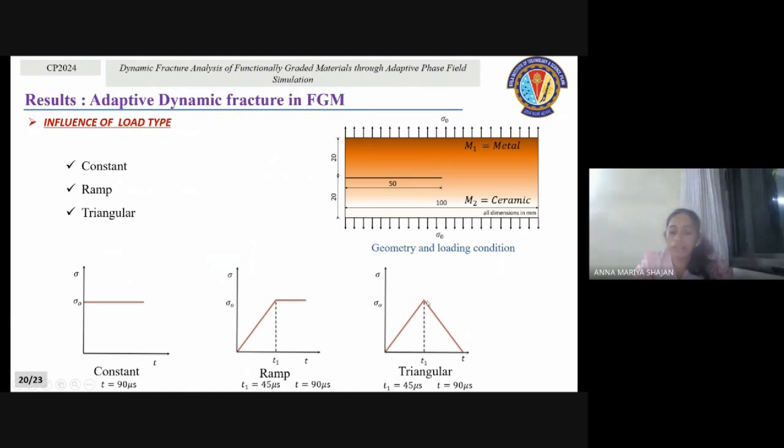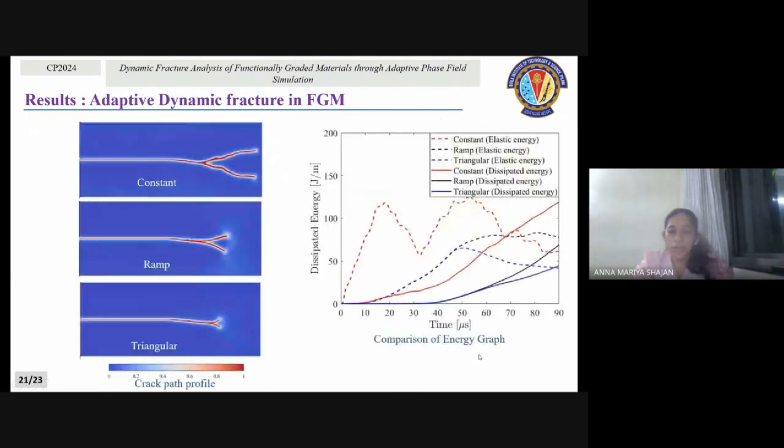And in the triangle, we increase, then we decrease the loading. So this is how the crack profile is obtained. Here we have seen that by changing the load type, the crack propagation rate as well as the crack branching type is changing. The same can be observed from the energy graph.